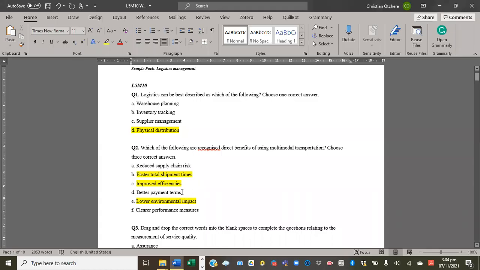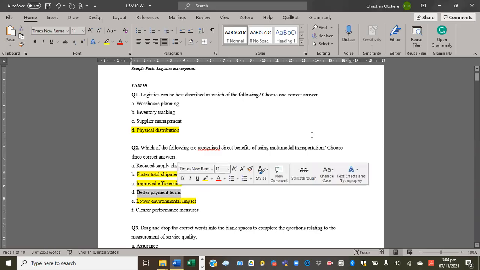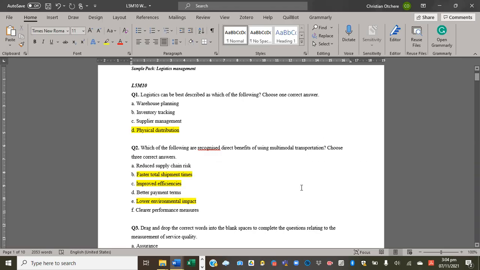And even better payment terms. Because you are using these freight forwarders or these users of the multiple modes, the freight charge could be minimal. But you are choosing 3 correct answers. Faster total shipment time, which is a direct benefit.